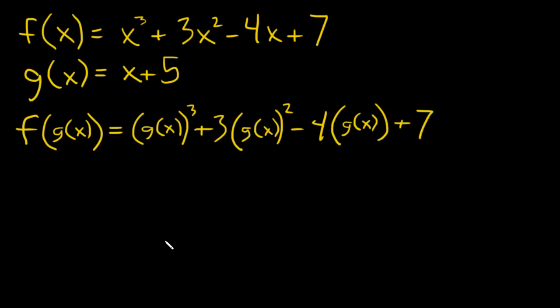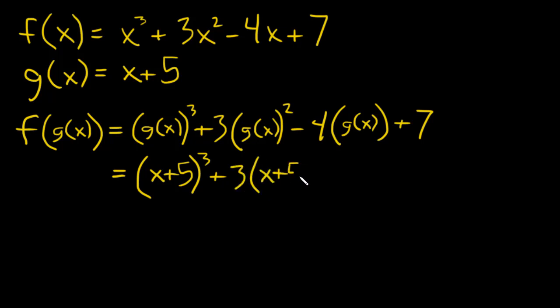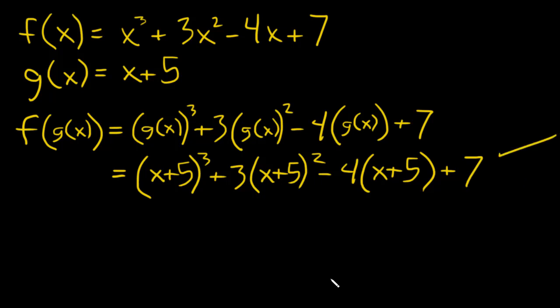Okay? And now I can do my substitution. What is g of x? Well, g of x is equal to x plus 5 quantity cubed plus 3 times x plus 5 squared minus 4 times x plus 5 plus 7. And that's our final answer right there.